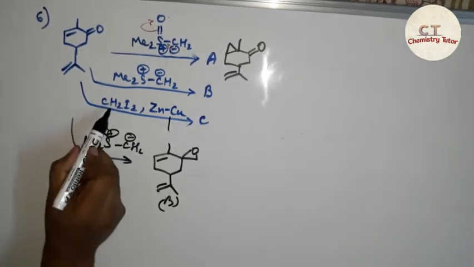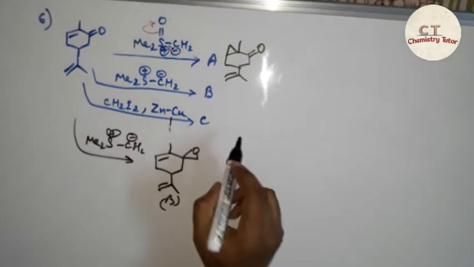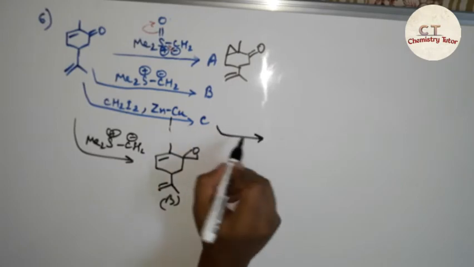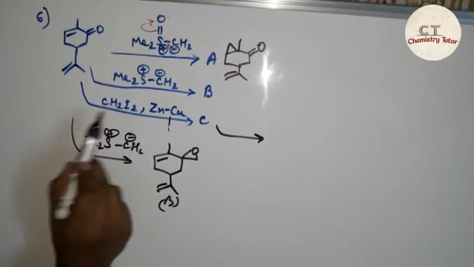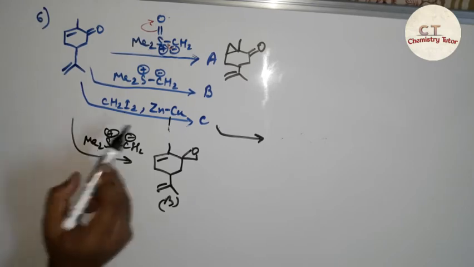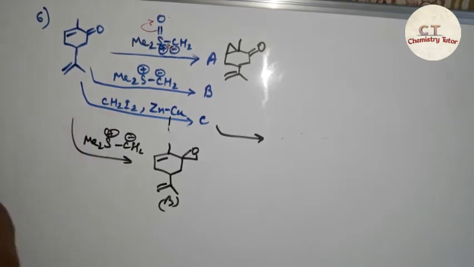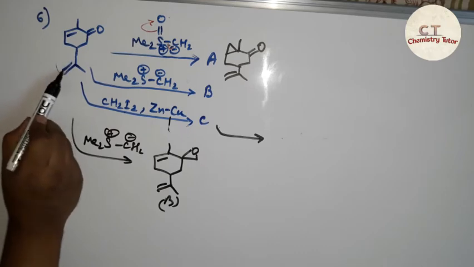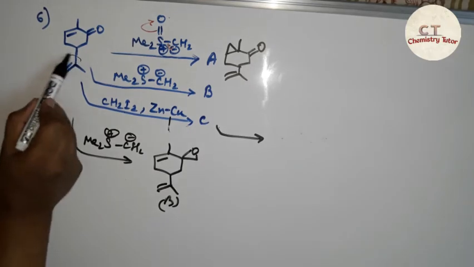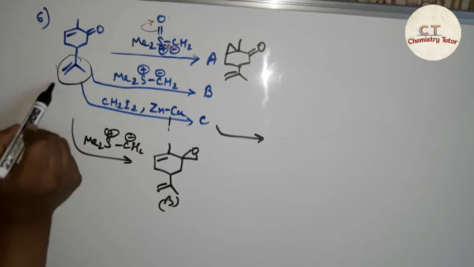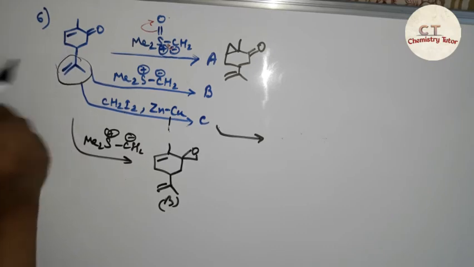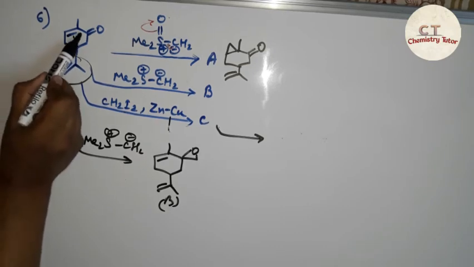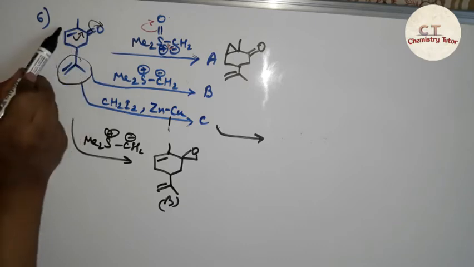Now let's see what happens with the Simmons-Smith reaction. In case of this, whenever you see more electron density, meaning a double bond, then cyclopropane is going to be formed there. Now cyclopropane is going to be formed in this double bond. Why? Because it has more electron density, whereas the other has less electron density, because this can undergo conjugation, so electron density will be less here.